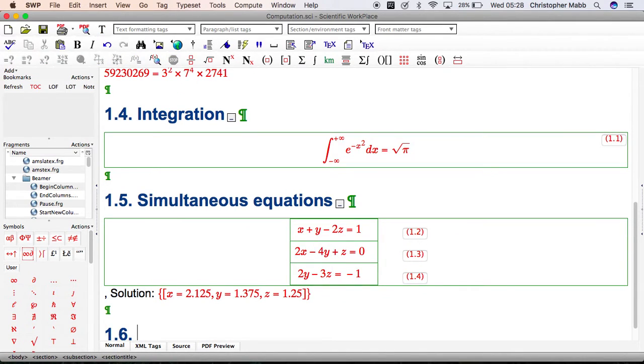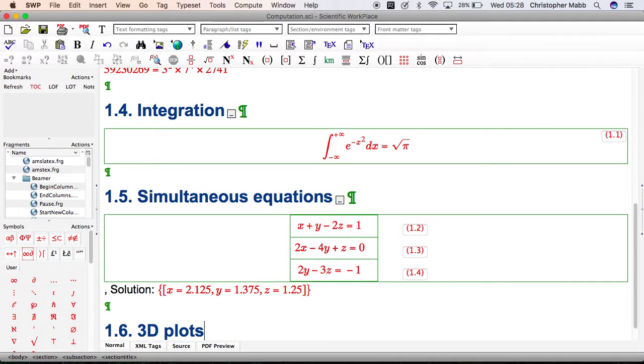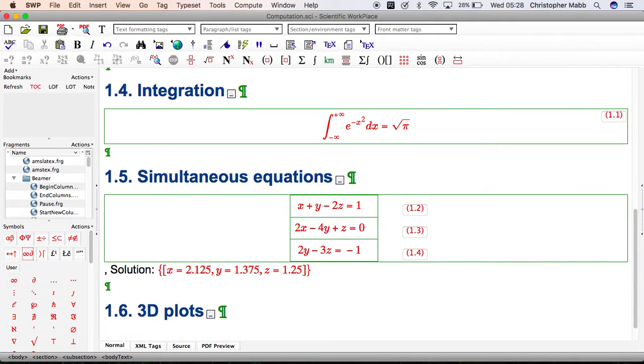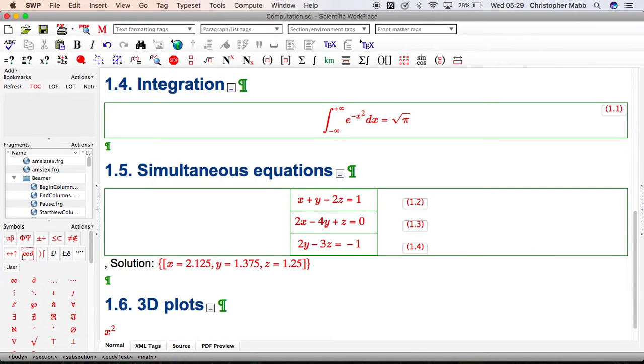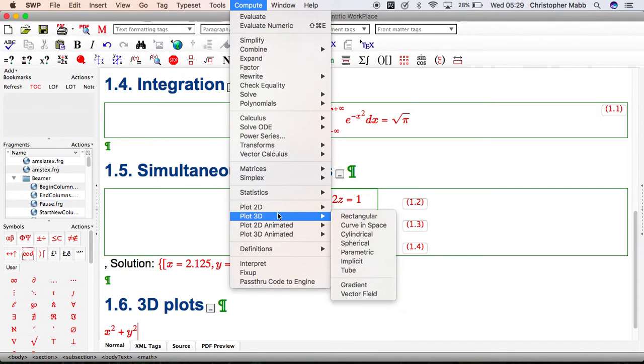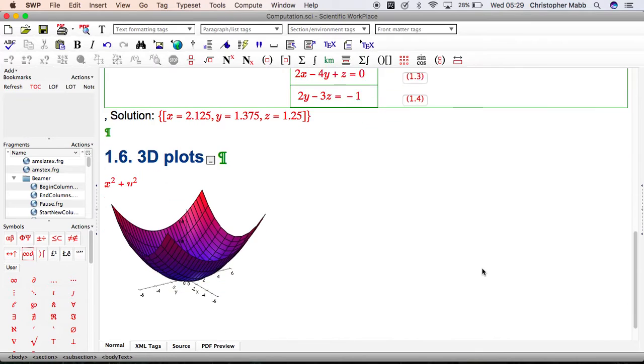Finally, let's look at 3D plots. So in maths mode, I'm going to write the expression x squared plus y squared. So we're plotting z against x squared plus y squared. Compute, plot 3D, rectangular.